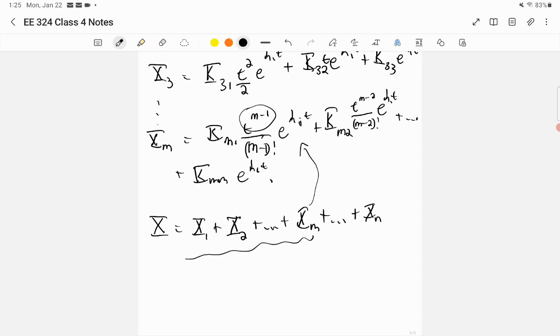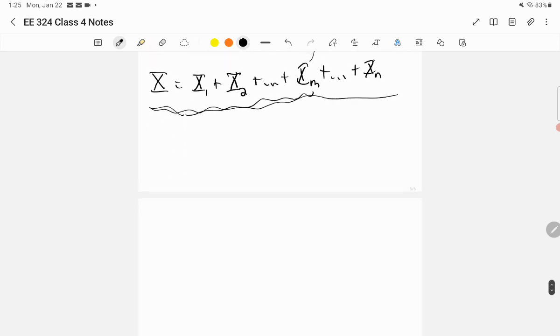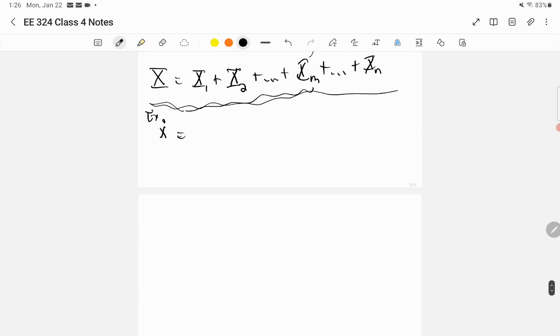Okay, so I've said a lot, but this probably doesn't help too much figure out actually how we go about computing these things. So let's go into some examples. Let's say we have x dot is equal to x plus 2y, and y dot is equal to 4x plus 3y.